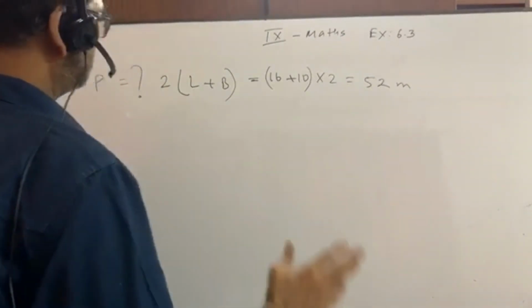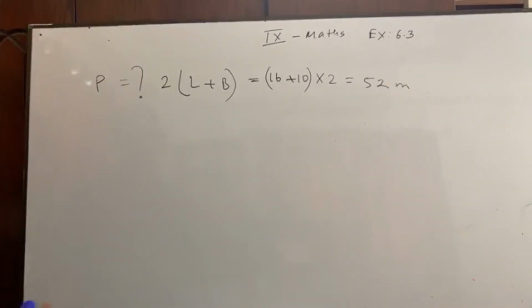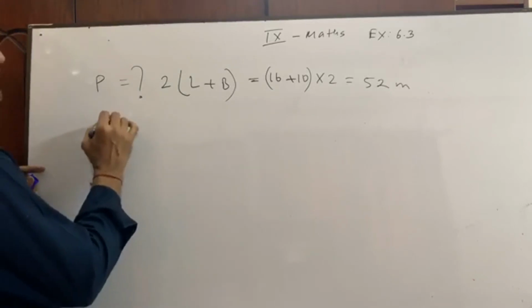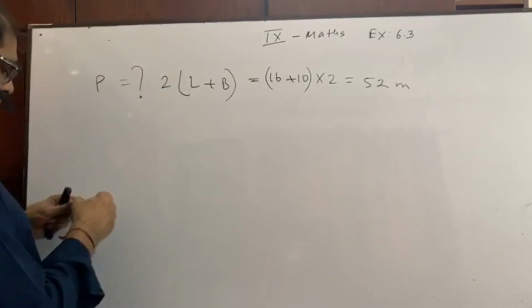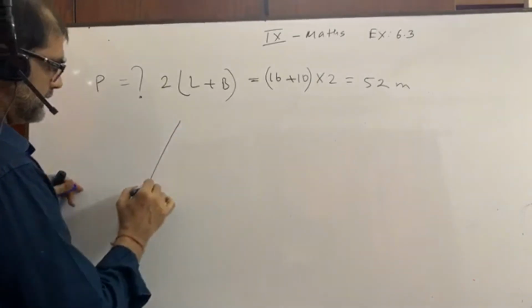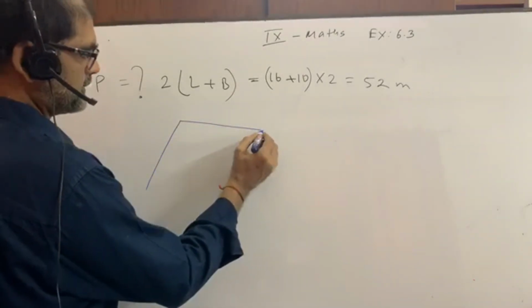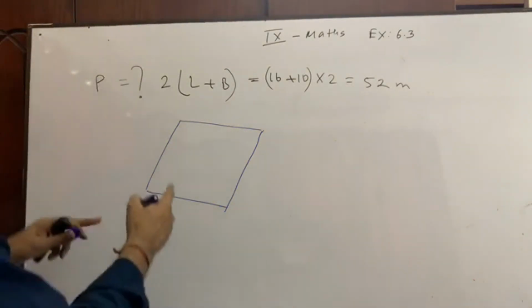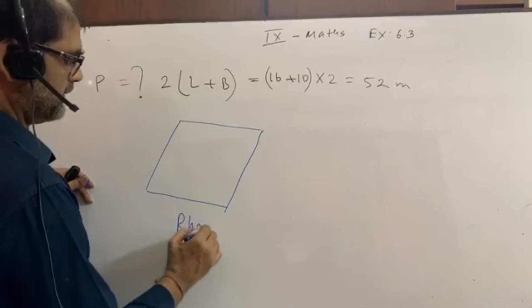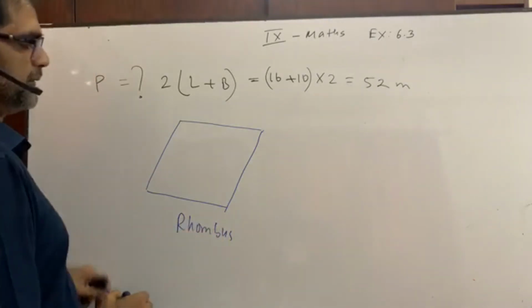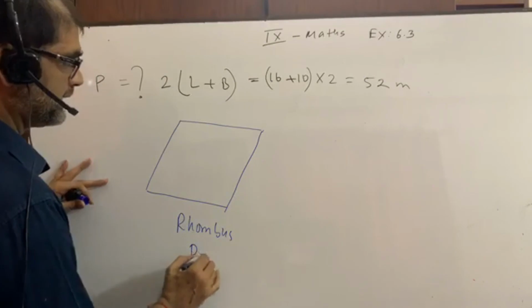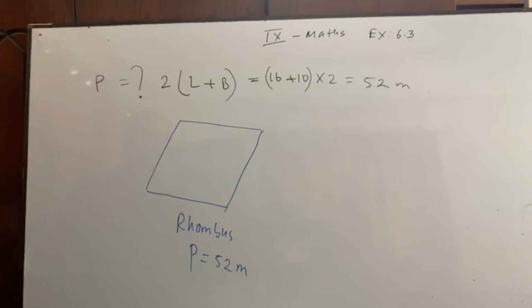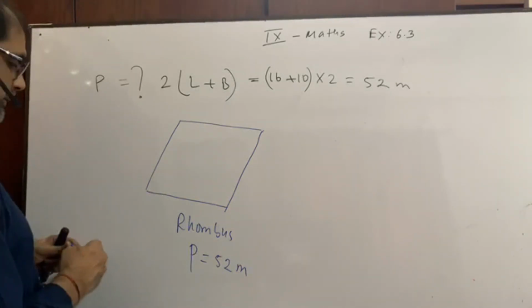Now suppose this perimeter of 52 meter is the perimeter of a rhombus. What is meant by this?